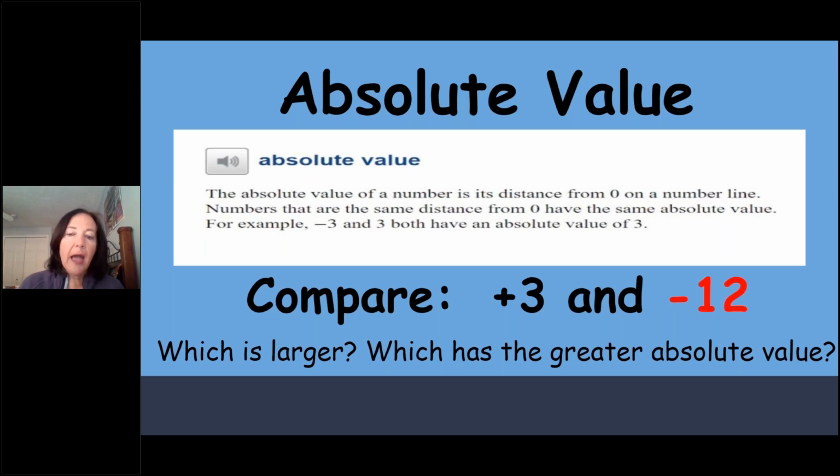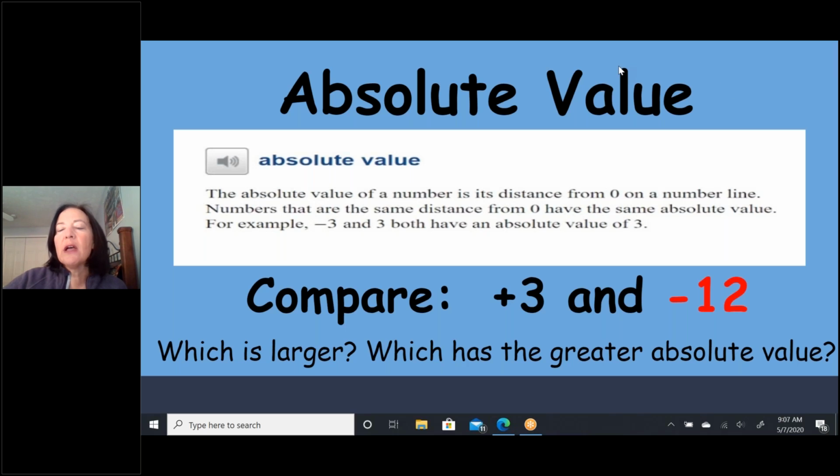When we write our algorithms to help us do the different operations for positive and negative integers, it's going to be a good term in order for us to describe what needs to be done. So for instance, we've got two numbers, positive 3 and negative 12.